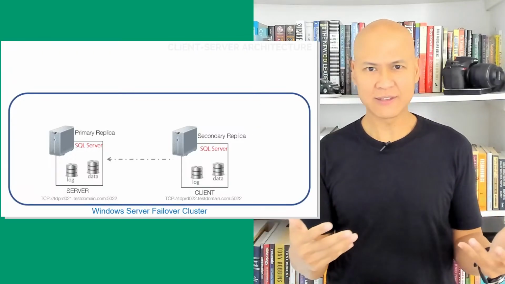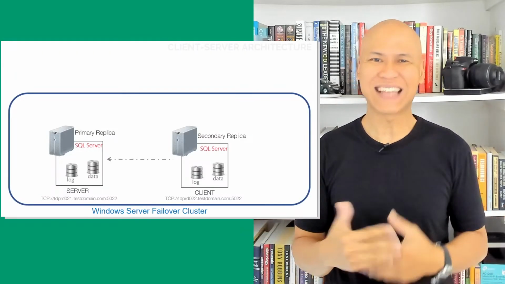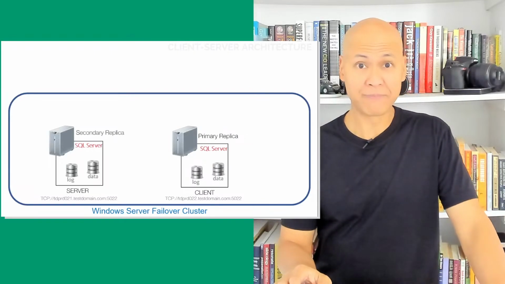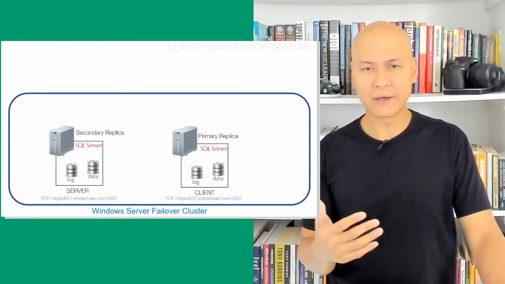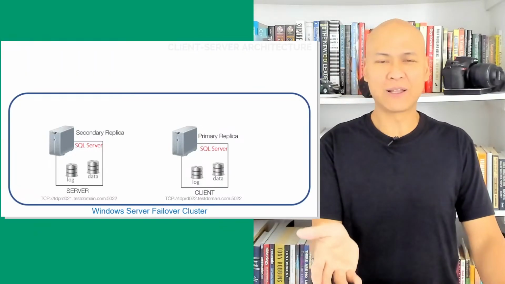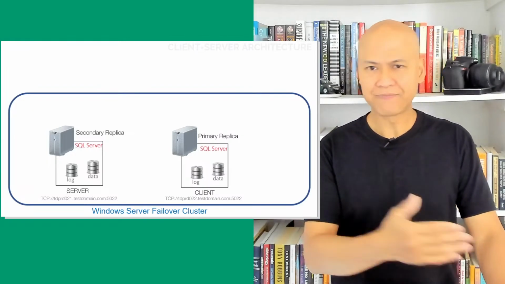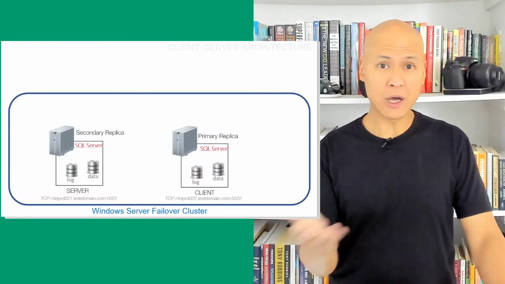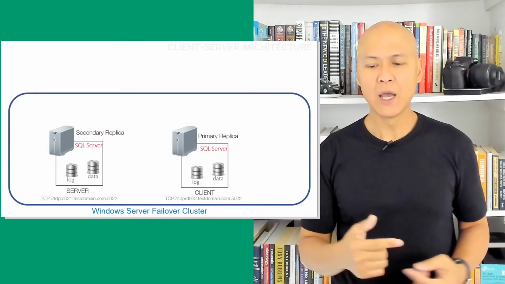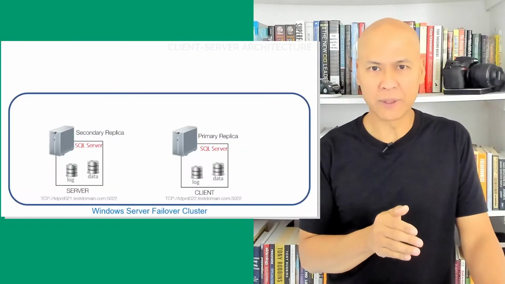But, and this is a scenario that will always happen, at any given point in time, a failover will happen. Maybe your primary went down, and so, of course, the assumption is you have something like a cluster resource manager, like Windows Server Failover Cluster. Primary went down, cluster will trigger an automatic failover, so there's role reversal, meaning what used to be the secondary replica now becomes your primary replica.